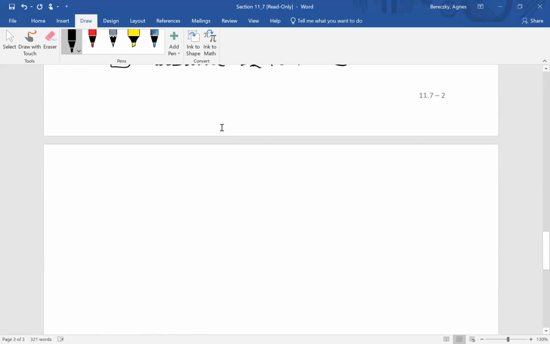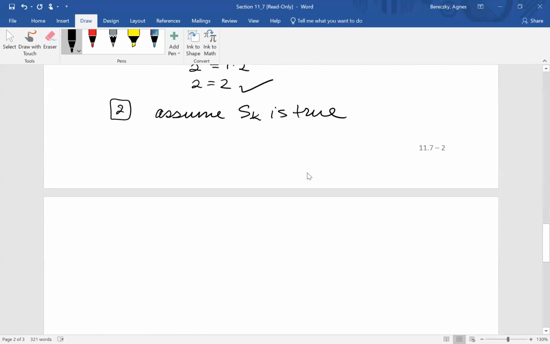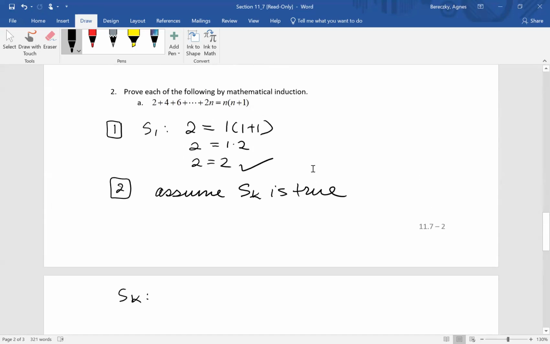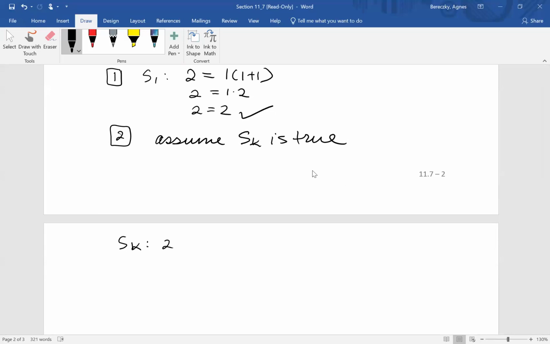So for this example, Sk was, let me make sure I have the right problem: 2 plus 4 plus 6 plus dot dot dot 2k equals k times k plus 1.